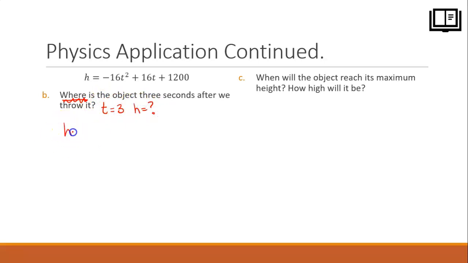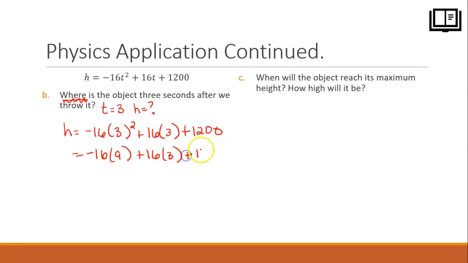So if we substitute into our equation, negative 16 times 3 squared plus 16 times 3 plus 1200, I don't need to do any factoring or quadratic formula to solve this because I can just simplify this. Order of operations says exponents come first. So we do 3 squared and get 9 for that one. So that becomes negative 16 times 9. Now we're going to do all the multiplication and division from left to right.